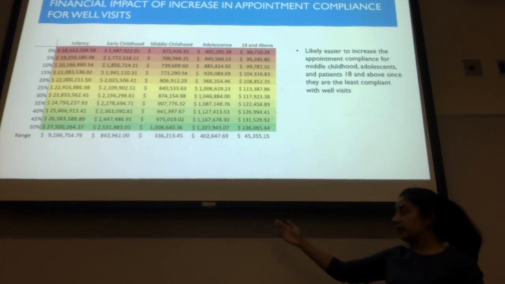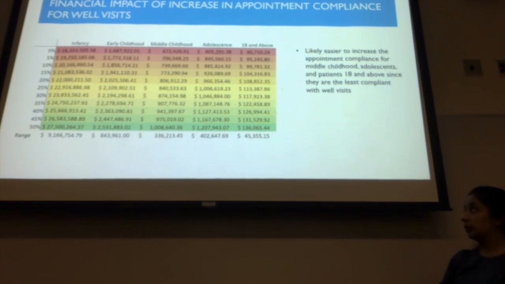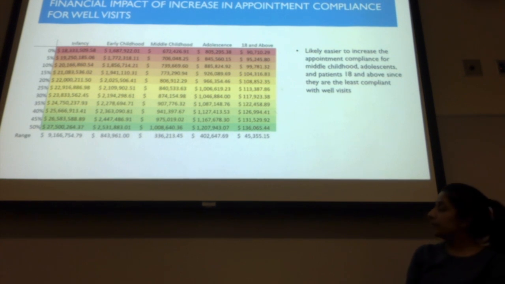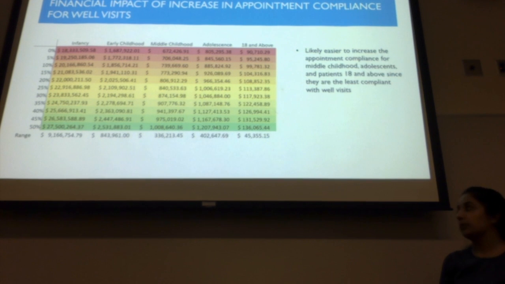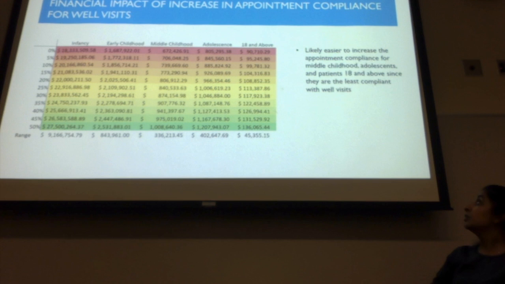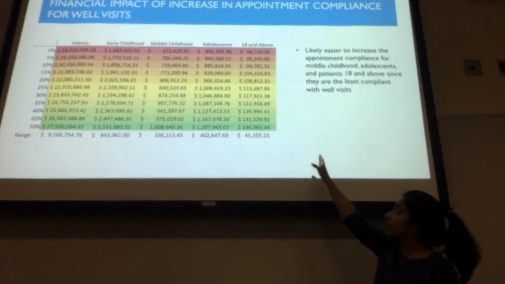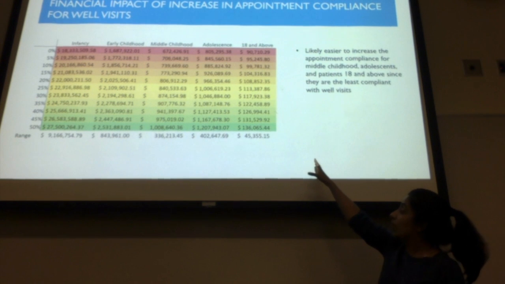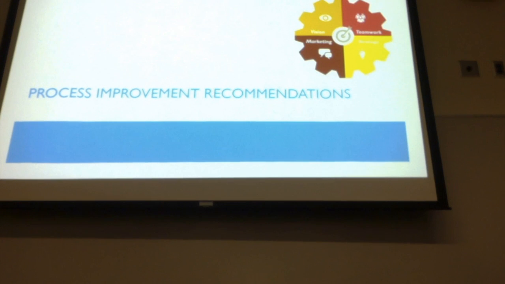While the range shows that infancy would have the most significant impact on the financials for KPP, the infants that KPP already has show very high appointment compliance. So it would be more likely that the appointment compliance would increase at the right hand of this graph, for the adolescents and 18 and above.